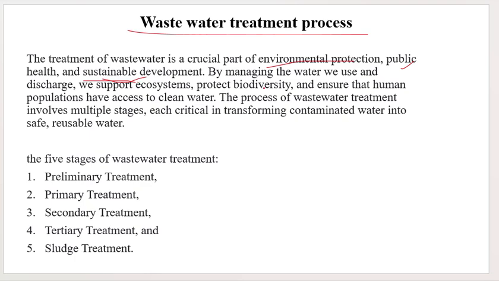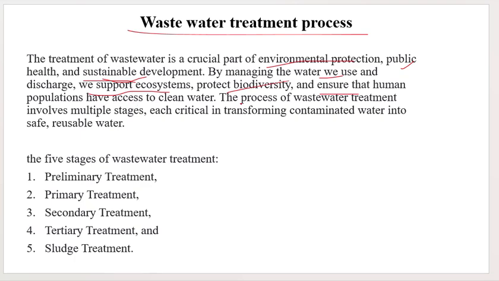By managing the water, we can reuse the wastewater, and we can also discharge it into agriculture fields and gardening. For various purposes, we can use that treated water. We can support our ecosystem, protect biodiversity, and also ensure that the human population has access to clean water.